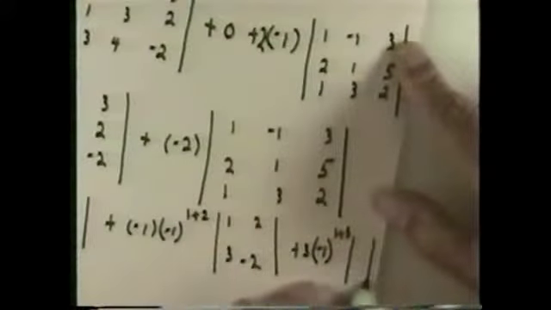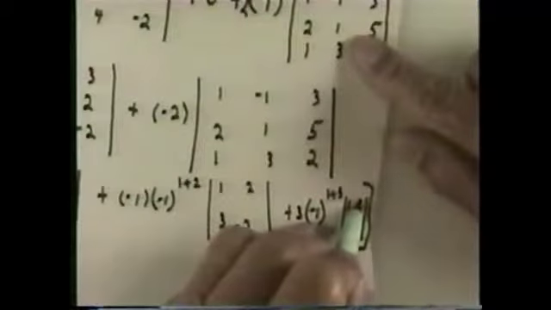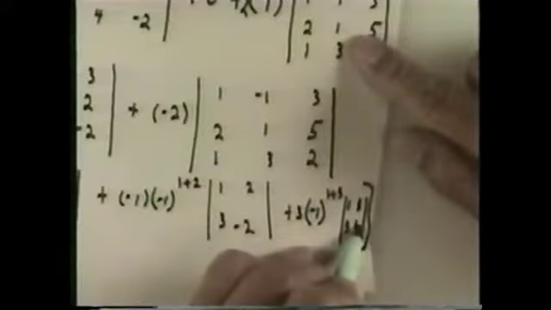Plus 3 times negative 1, row 1, column 3, times the minor with row 1, column 3 removed. That'd be 1, 3, 3, 4. Now that's just the first one. Now we need to do this one.